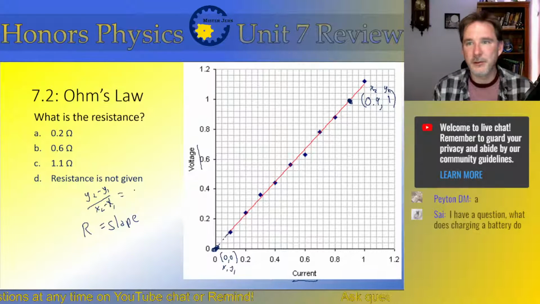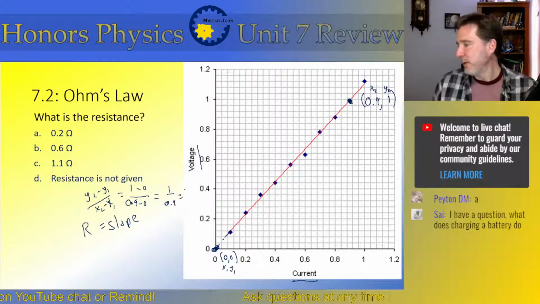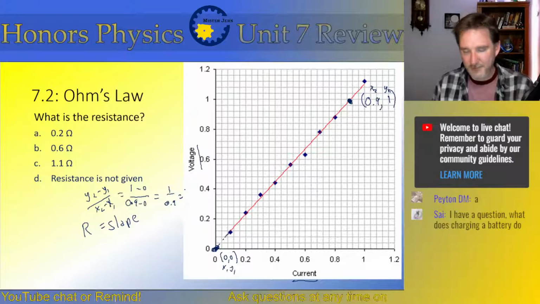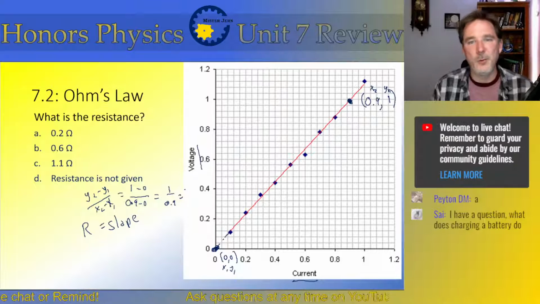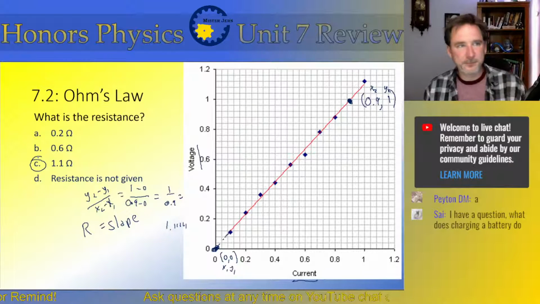So 1 minus 0, divided by 0.9 minus 0. So it's 1 over 0.9. So my slope is 1 over 0.9, 1.111111. So my answer is going to be C.